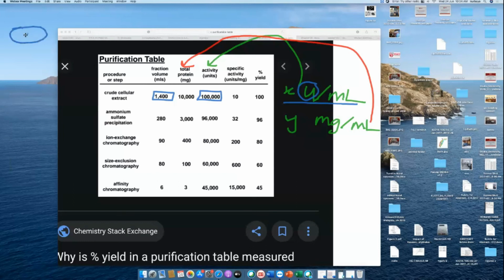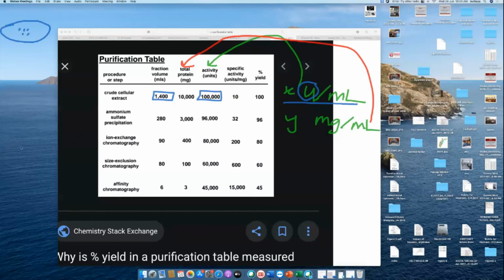From this container, you have this. This is 1 gram of protein, only this, the pure protein, your target protein. Once you have purified, okay, 1 container, you have only this, which is 10 units for every 1 milligram.